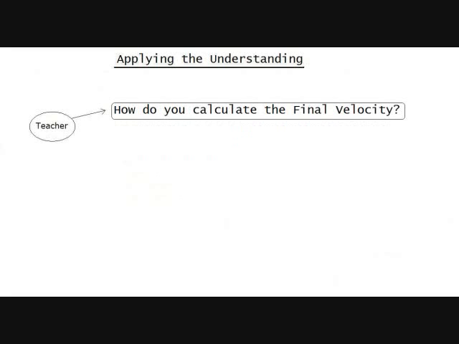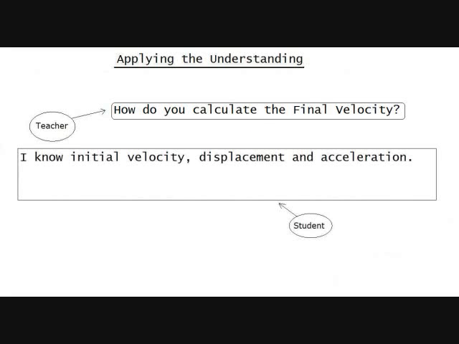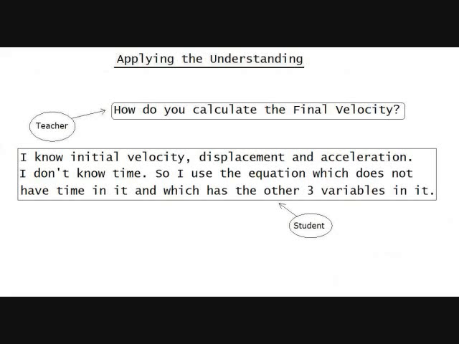How do you calculate the final velocity? I know initial velocity, displacement, and acceleration. I don't know time. So I use the equation which does not have time in it, and which has the other 3 variables in it.